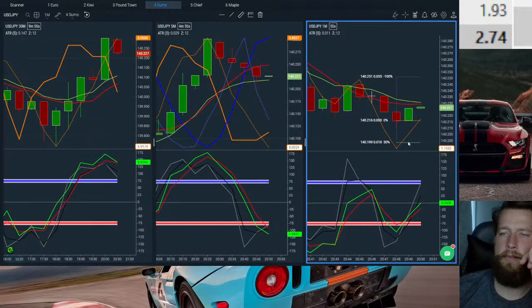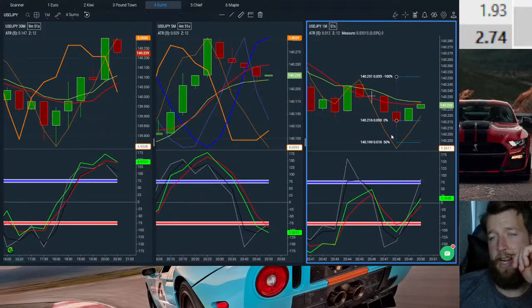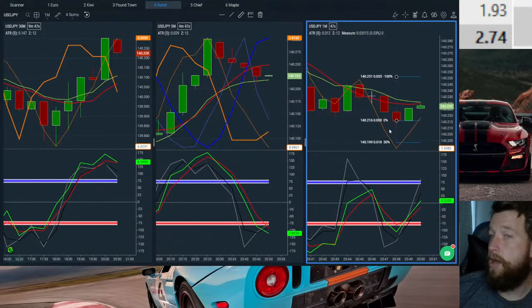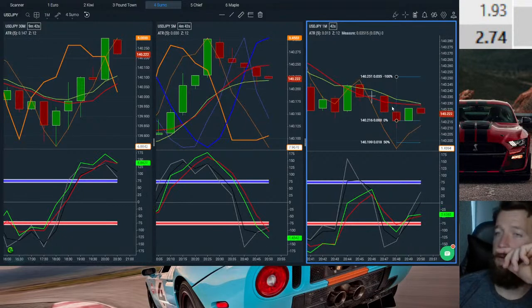Take profit about halfway, about the 50% here, give or take. Yeah, it's been going against us so far. This is why we follow the rules, guys. Stick to the plan.